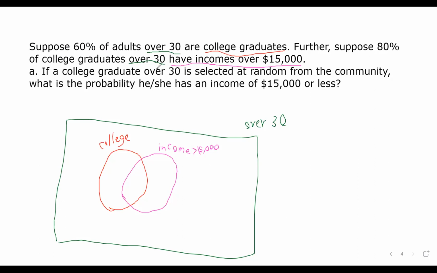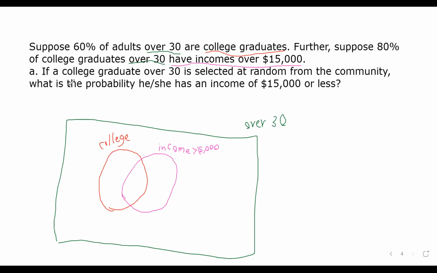So A is: if a college graduate over 30, meaning in the red circle, is selected at random from the community, what is the probability he or she has an income of $15,000 or less? The region that we want is this region here.